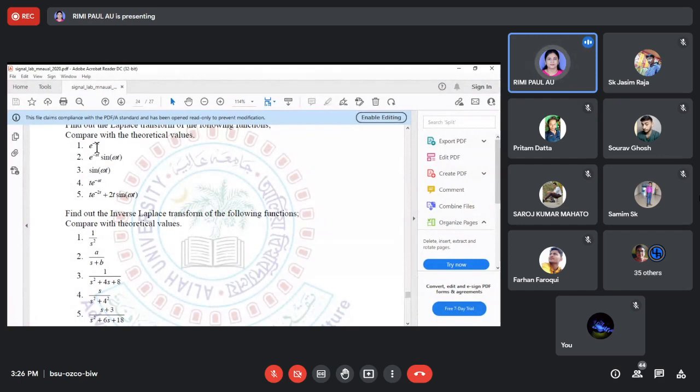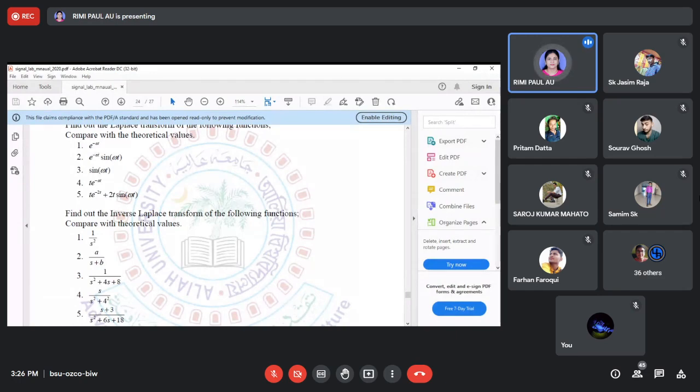Within this time you have to submit the theoretical data, and after that I will give the marks for this lab assignment, experiment number 6. You will get time, but within this time you have to submit. If you are late, then the marks will be deducted. That you have to remember.